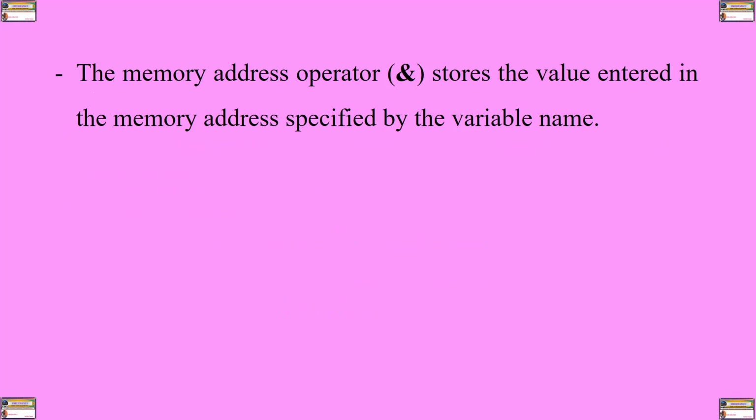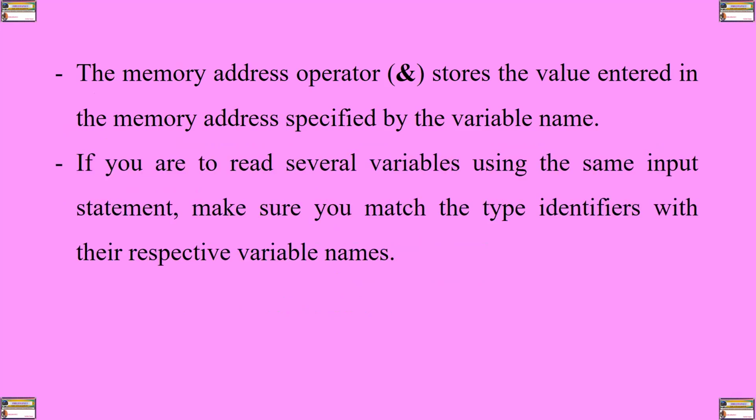So the memory address operator, which looks that way, stores the value entered in the memory address specified by the variable name. If you are to read several variables using the same input statement, it's always important to make sure that you match the type identifiers with their respective variable names. For example, if you are going to read two values, one to be stored in the memory location called age, and the other in the memory location called score, ensure that the type identifiers match the order of the variables.